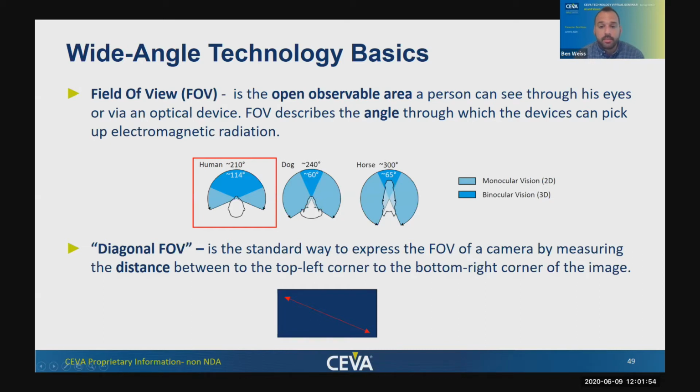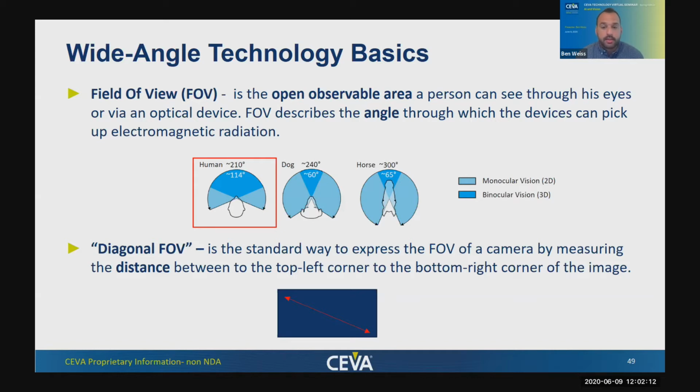One of the basic elements we need to learn to fully understand Immervision technology is the field of view, or FOV. Field of view describes the observable area a person can see through his eyes or a camera can capture through the lens.